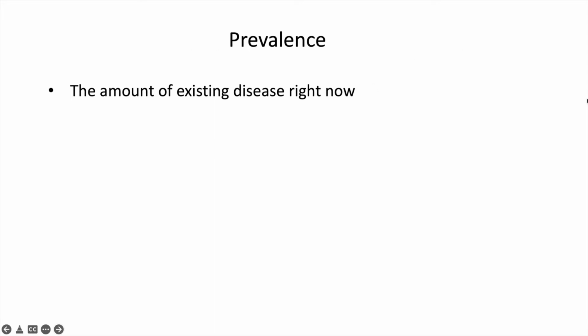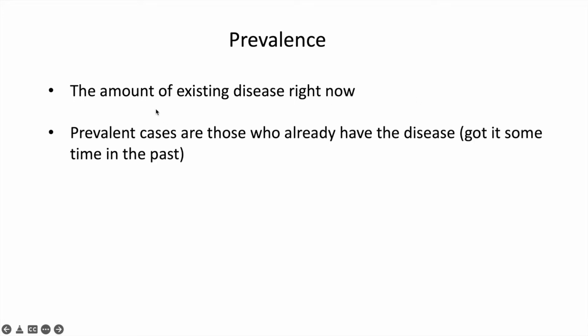So prevalence, that's the amount of disease in the population right now. And this is going to be a very disease-centric video, but you can measure the prevalence of exposure too, or really anything. But in this case, we're mostly interested in disease, so prevalence is the amount of it in the population right now.